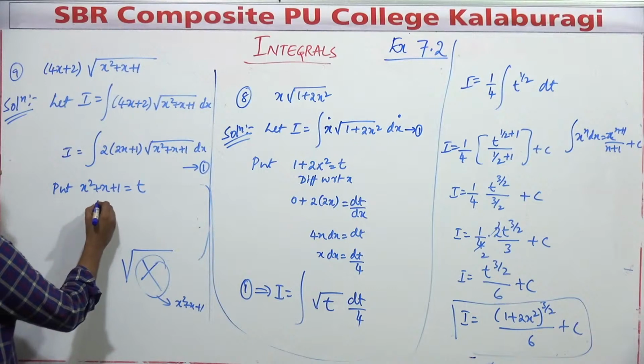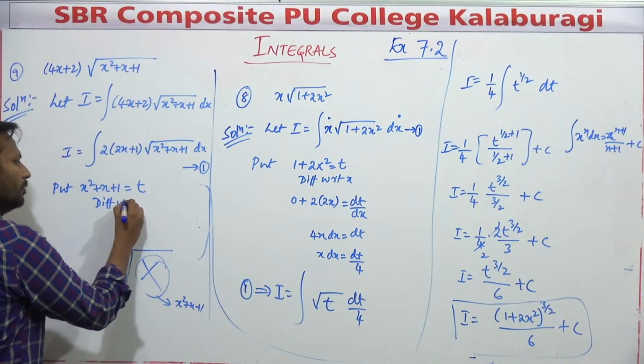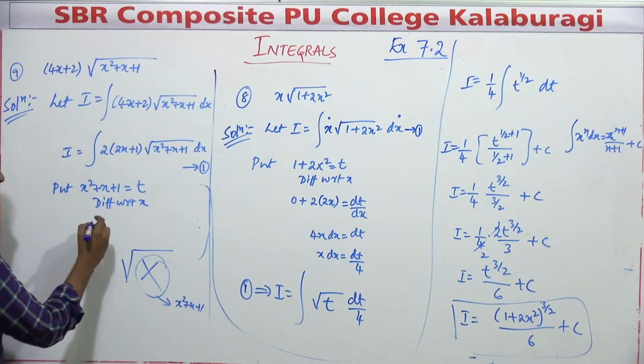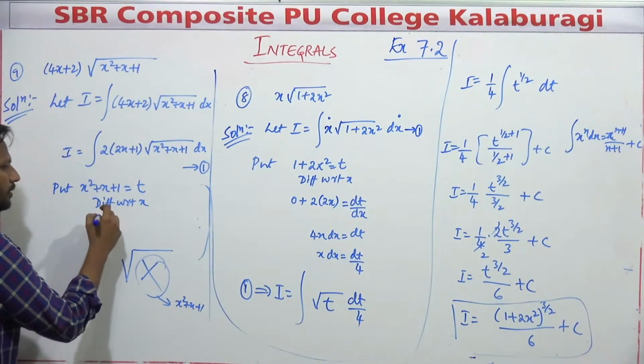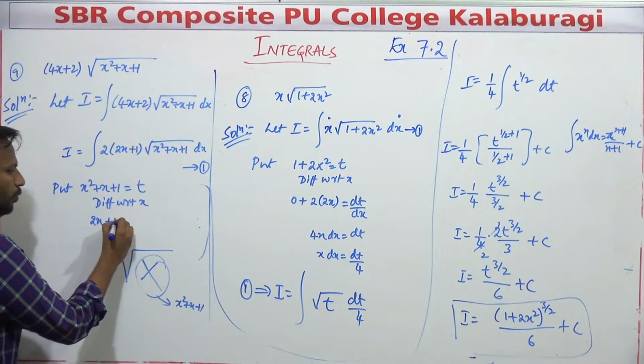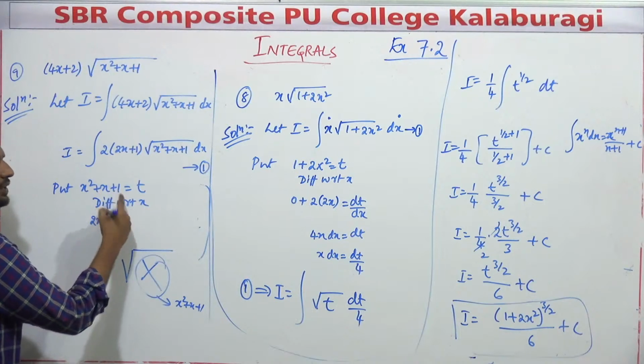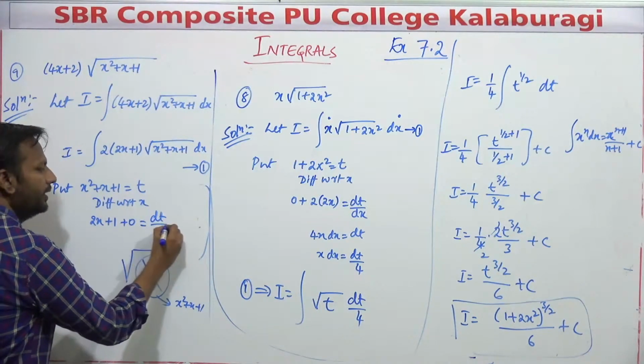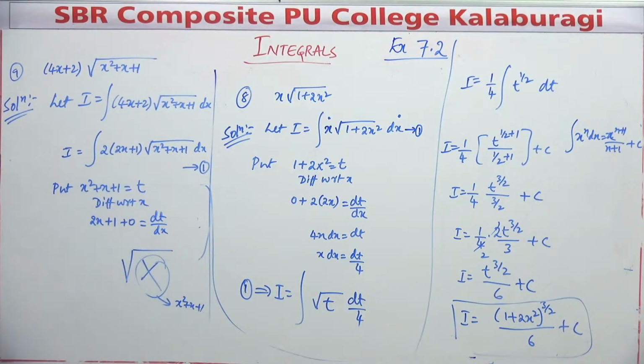Now differentiate with respect to x. What is the differentiation of x square? 2x. Differentiation of x is 1. Differentiation of 1 is 0. That equals the differentiation of t with respect to x, dt by dx. So in a composite function we have to make the substitution.